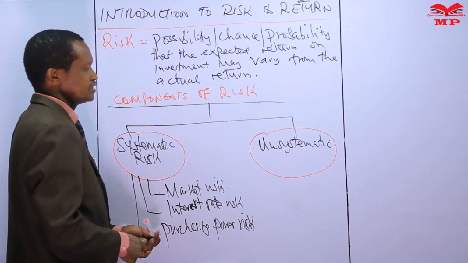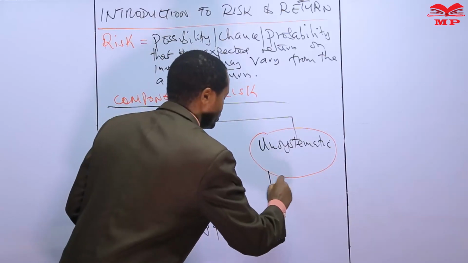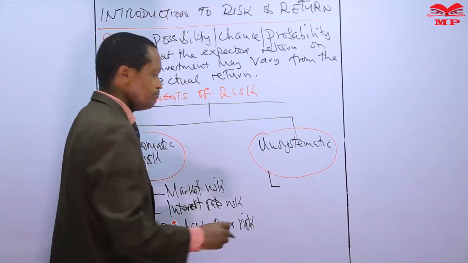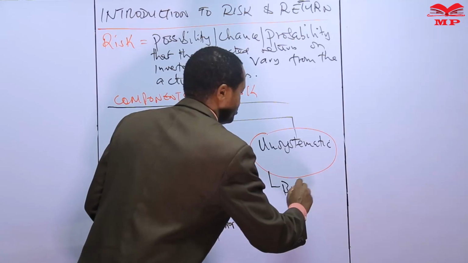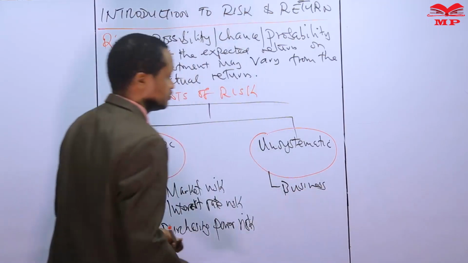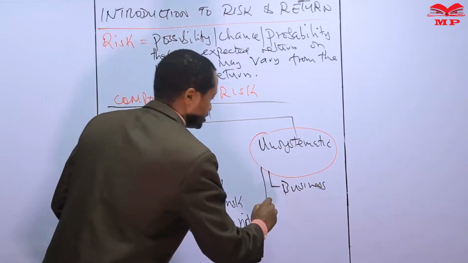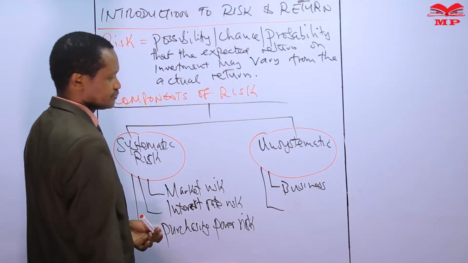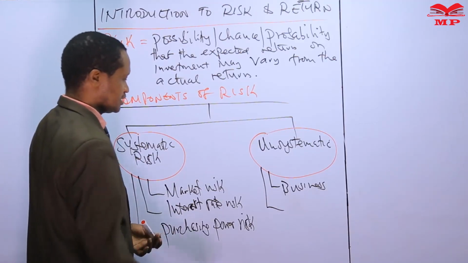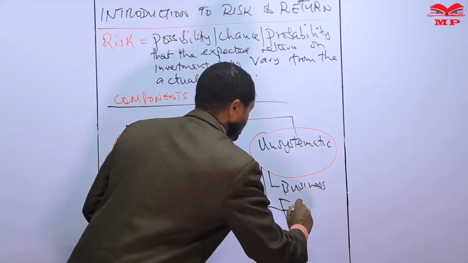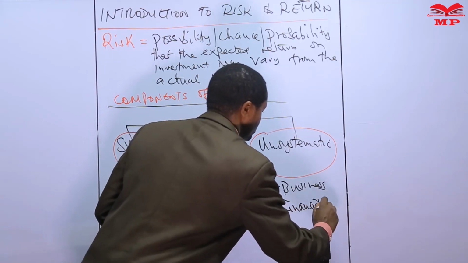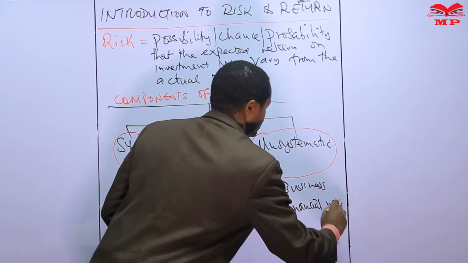Under the unsystematic risk, we mentioned the business risk as an example of unsystematic risk, and we also discussed the financial risks.